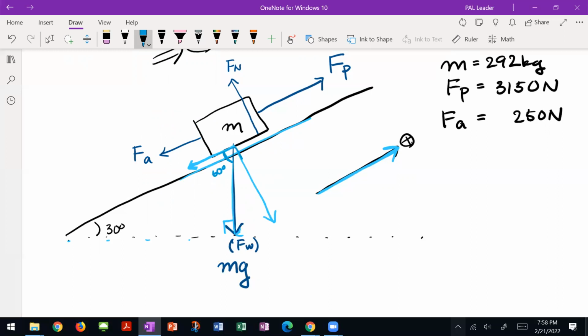I know these are at 90 degrees, so I can also say that this is 30 degrees. With that said, I can now assign this arrow. I can say that this is mg cosine 30 degrees.